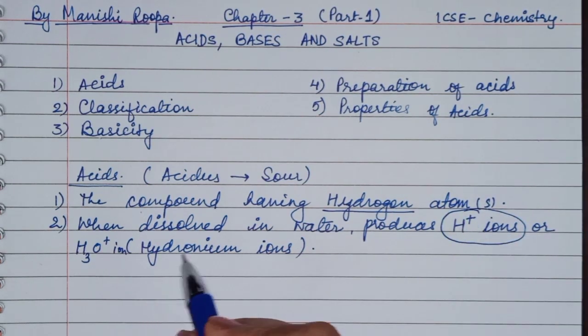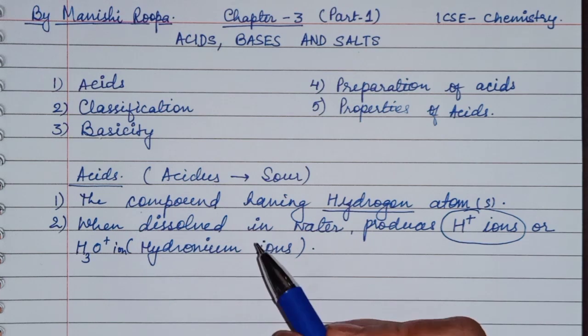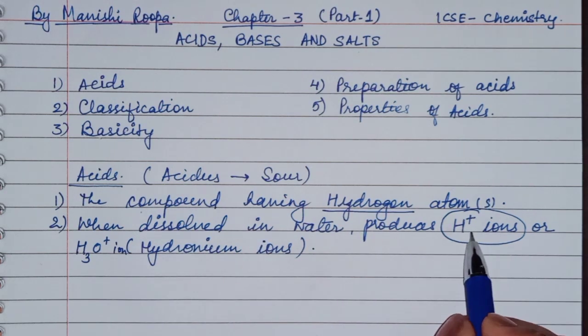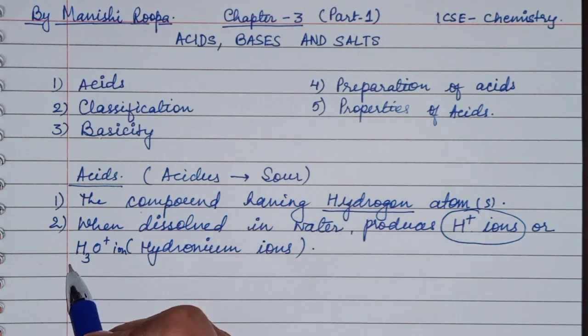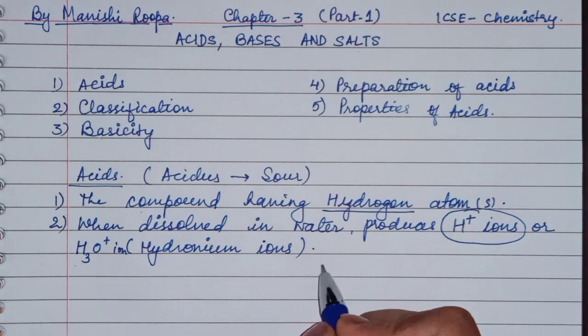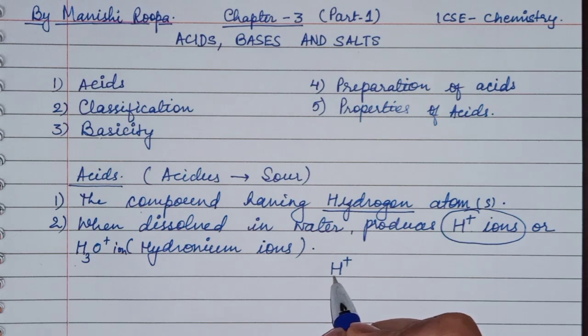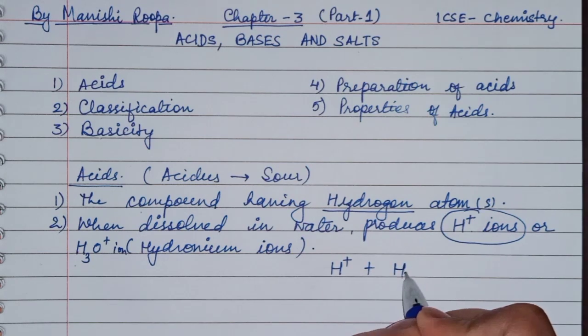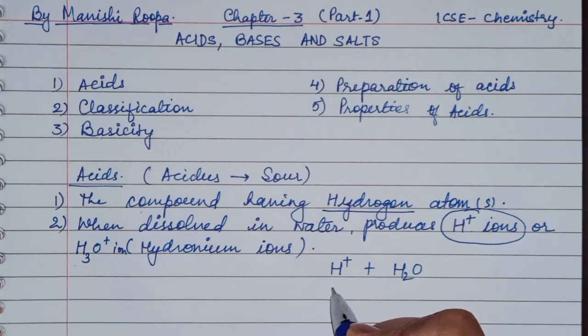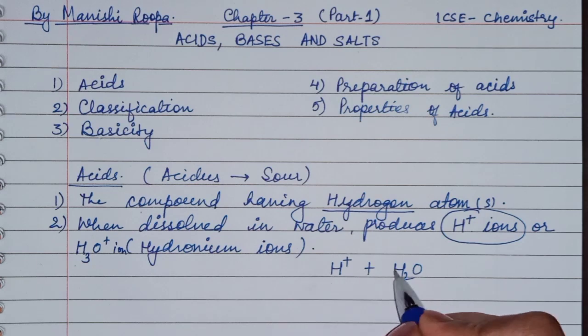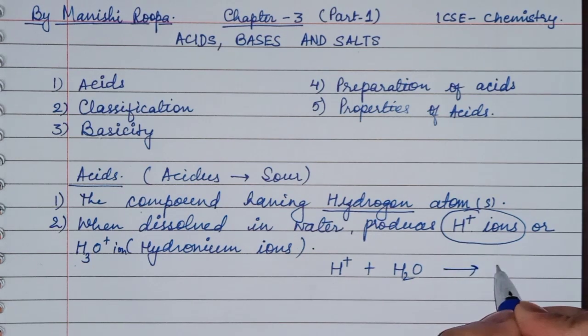When the compound is dissolved in water, they produce H plus ion or hydronium ion H3O plus. But H plus cannot exist independently in water. It quickly combines with water and forms hydronium ion H3O plus.